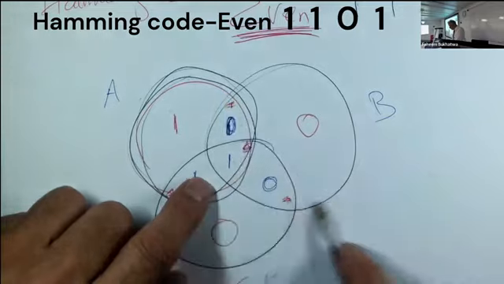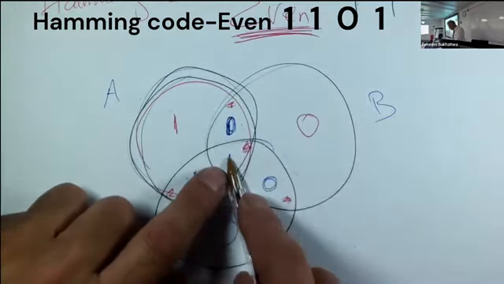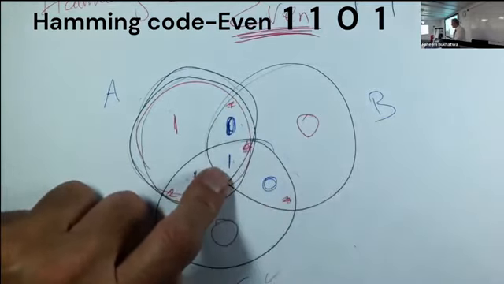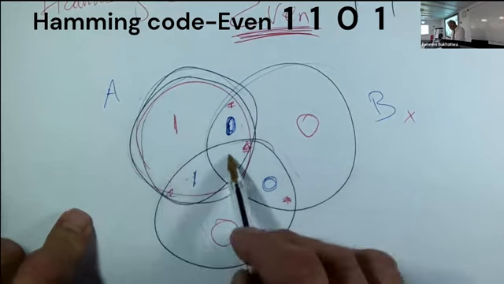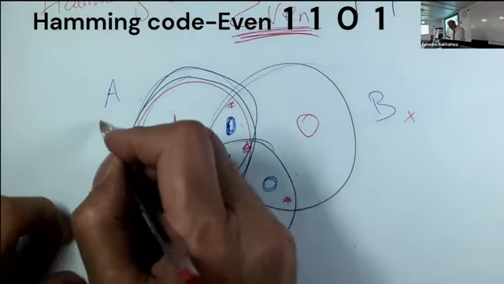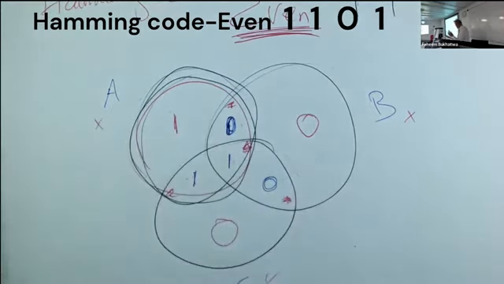It'll look at group B, for example. Well, there's only 1 bit, that's an odd number. There's something wrong with group B. Let's check group A: 1, 2, 3, that's another odd number, that's wrong. So now we have 2 groups with errors and 1 group with no error. The question becomes, what bit is part of group A and group B and not part of group C?